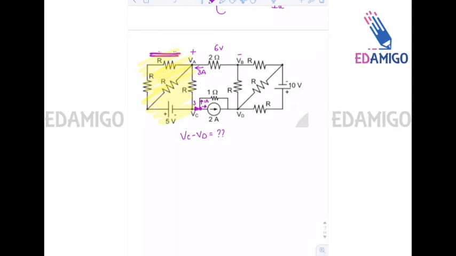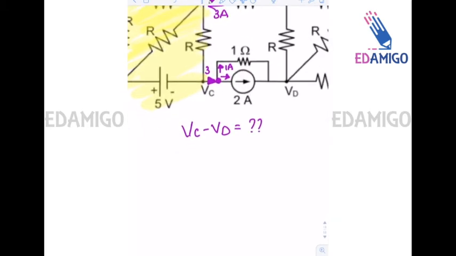Right? So again I will show you by zooming in. So 3 ampere is coming, 2 ampere will go here, and 1 ampere will go at the top, right?